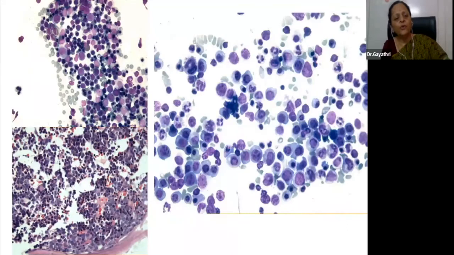And what would you find if you did a marrow? Would you do a marrow in this case? You would, if you think your lab cannot support folate and B12 assays, or if that is going to take time. You could do a marrow aspiration, and this is what you would find.